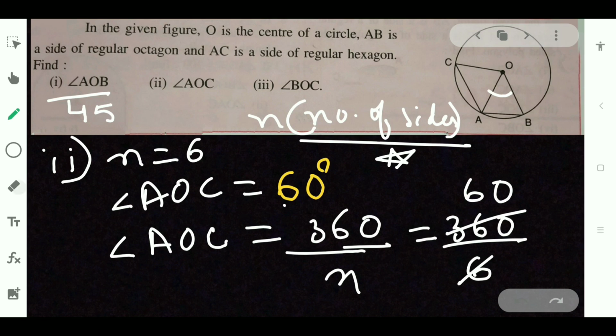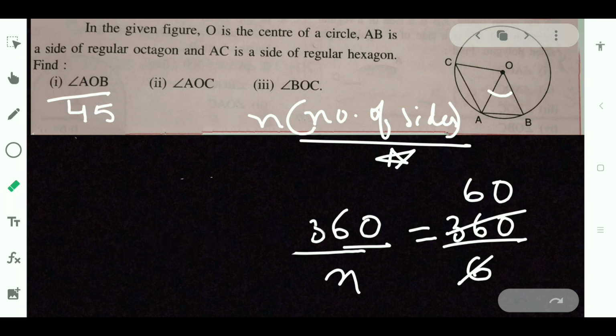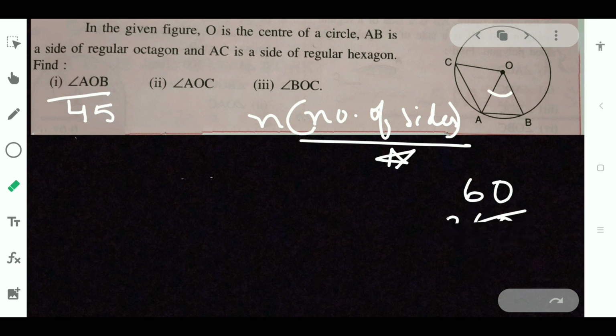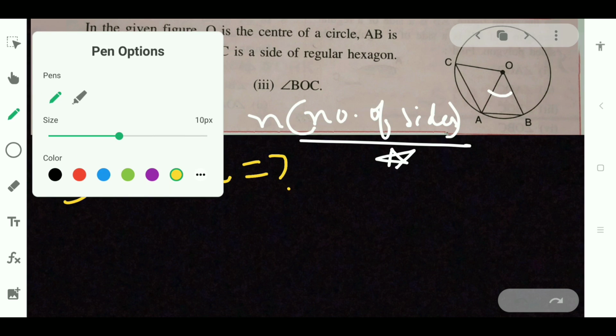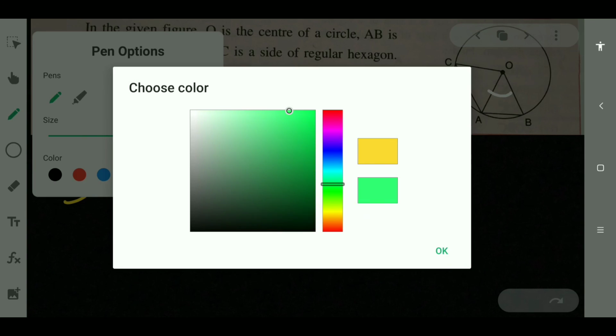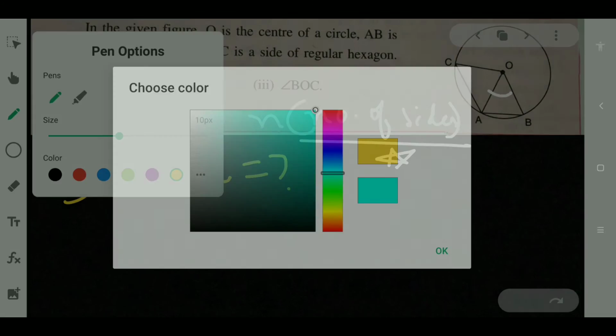Okay. Now let us move on to the third bit, angle BOC. Angle BOC is equal to how much?